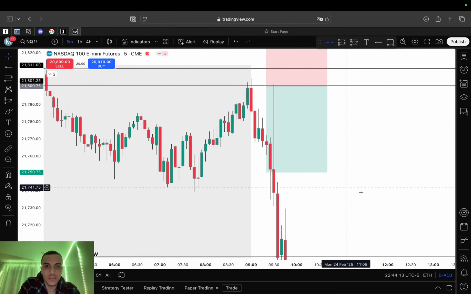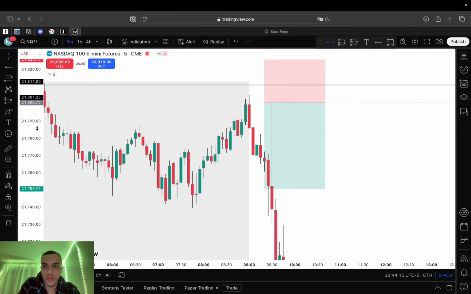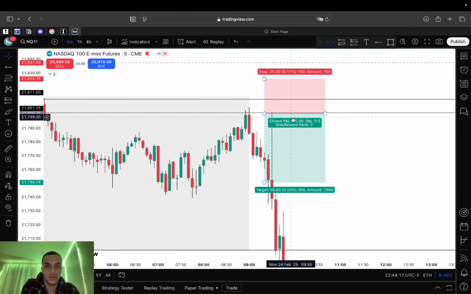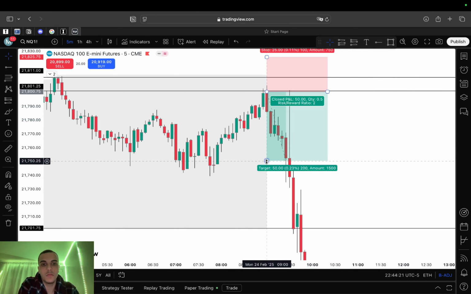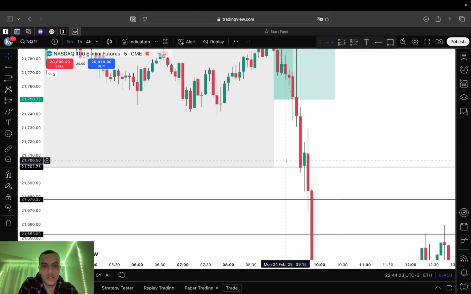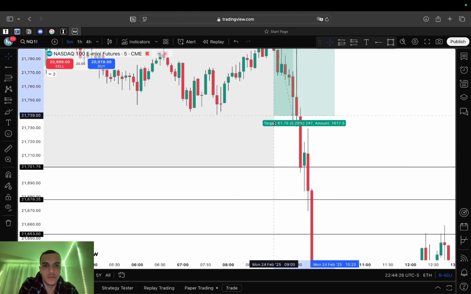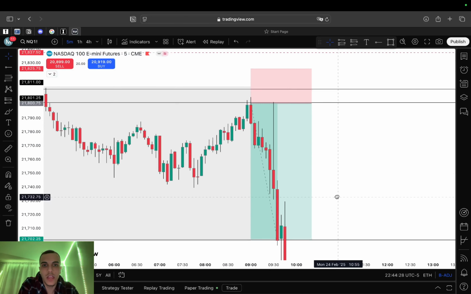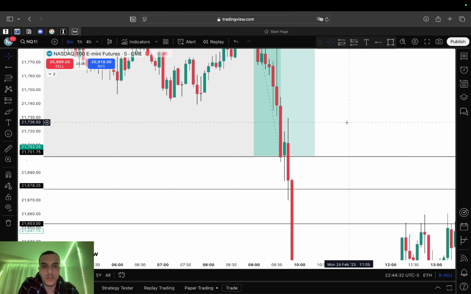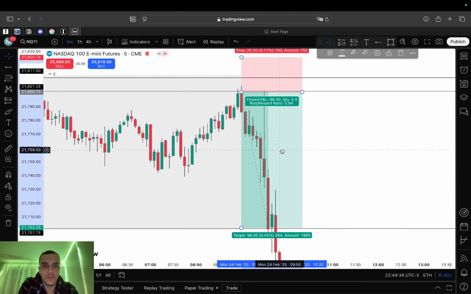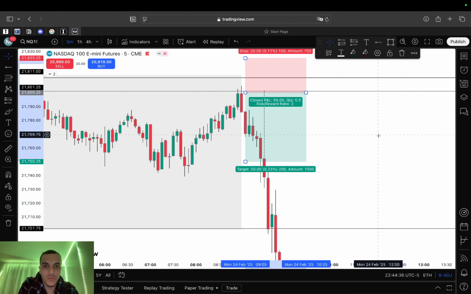What you can do is either aim for the same as me, a 1 to 2 risk to reward, or you could aim for the next line. The next line would be right there, and you can move your stop loss for protection, just in case it comes back. But me personally, I would aim for 1 to 2.